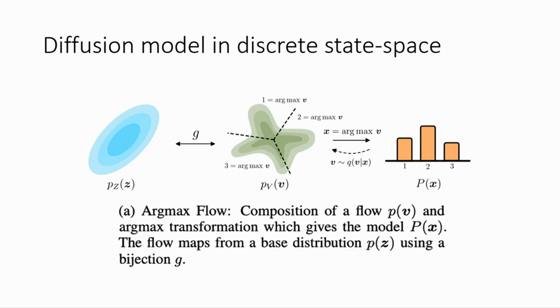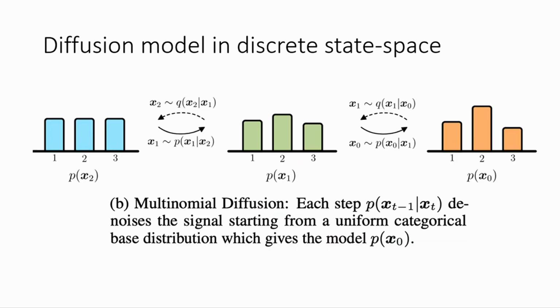An earlier line of work, a protein generator which is a follow-up of RF diffusion, employs such a simple choice, and it actually already works in the protein sequence design tasks.